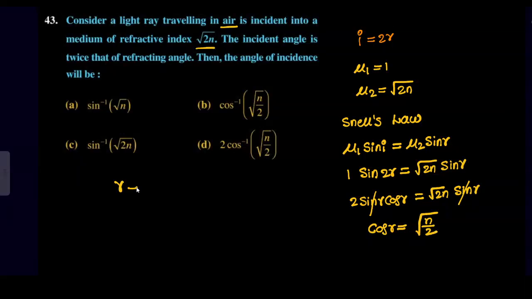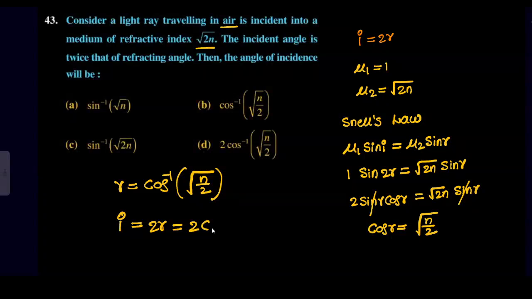This means r is cos inverse of square root of n by 2. From this, i is equal to 2r, which is 2 into cos inverse of root n by 2.